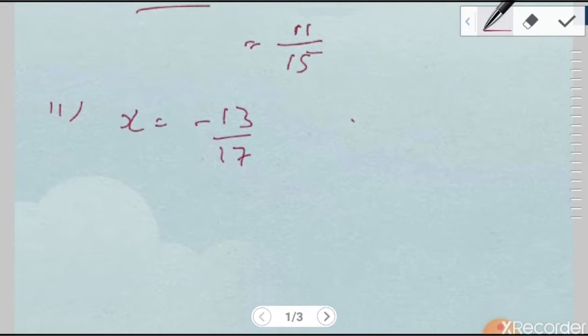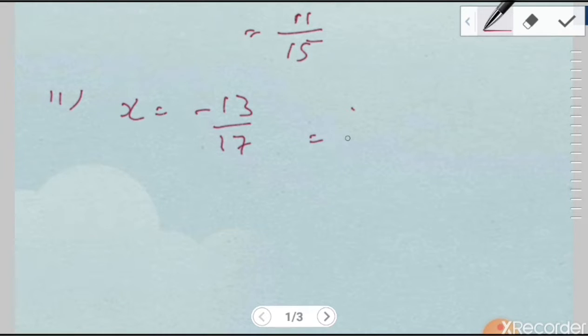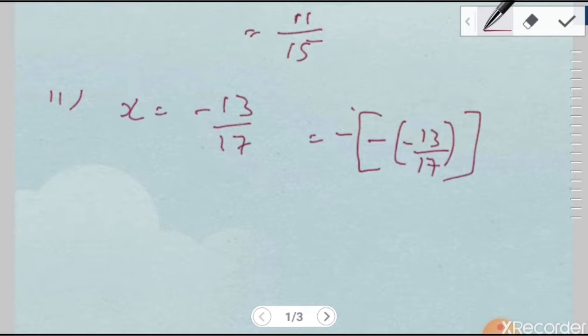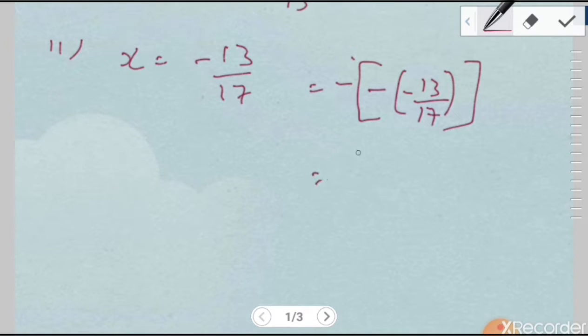So that will become minus, bracket, minus, and x. We'll put x in the bracket. So here x is 13 upon 17. Now open this first bracket.